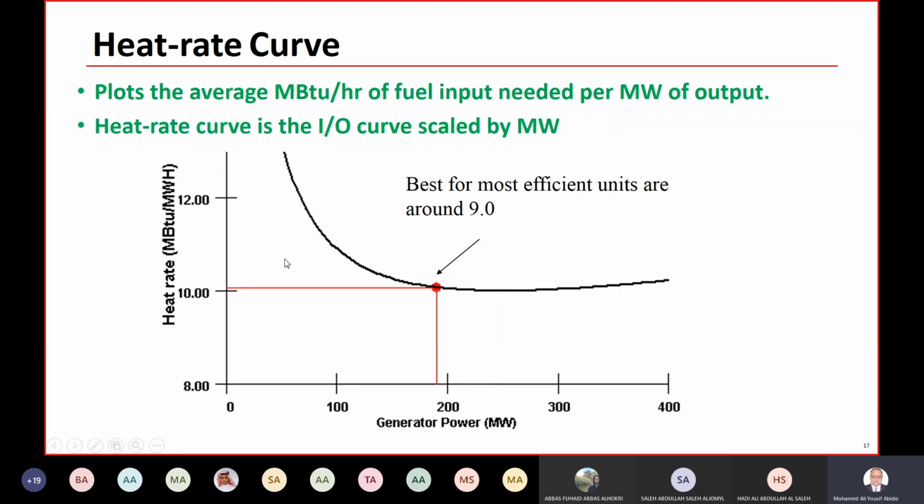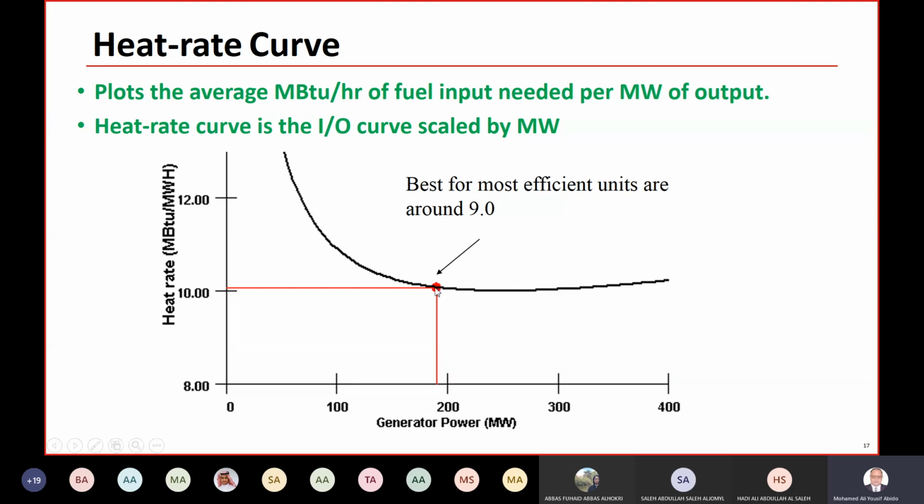This is the heat rate, mega British thermal unit over megawatt hour. So this is the curve as you can see here. Since you divide per hour, that means you have some non-linearity here. This is the curve.